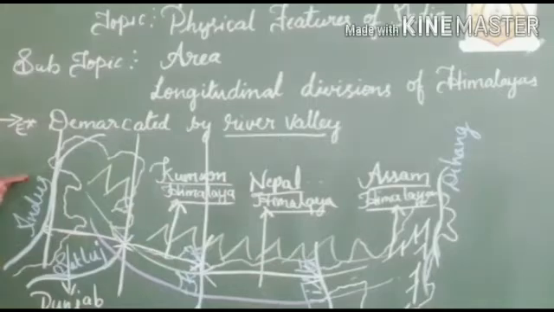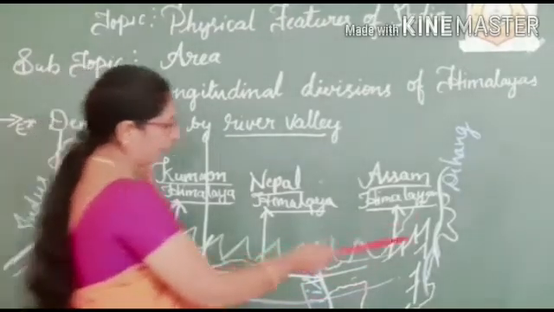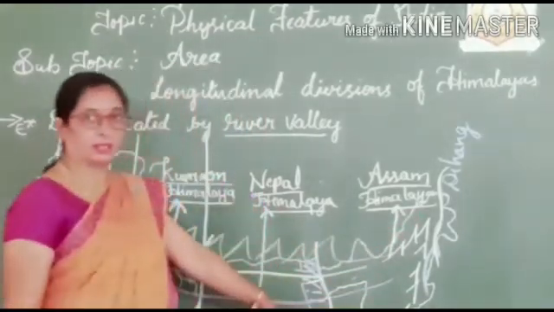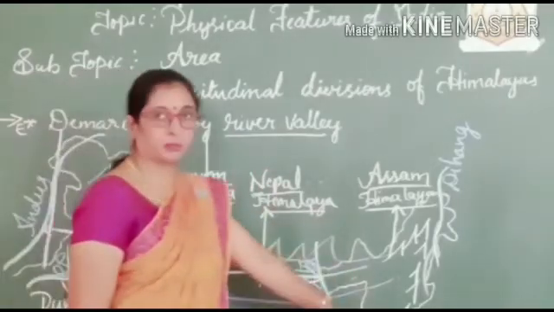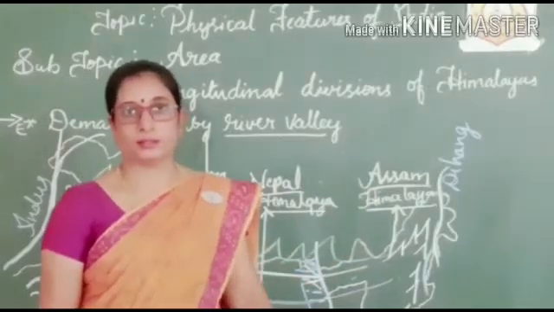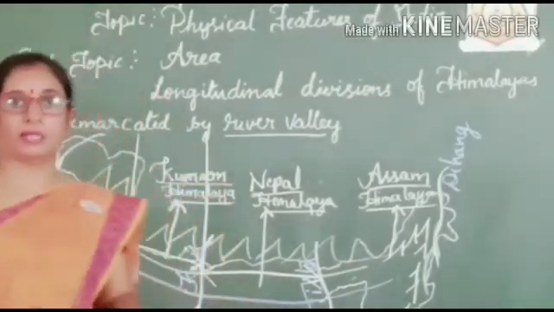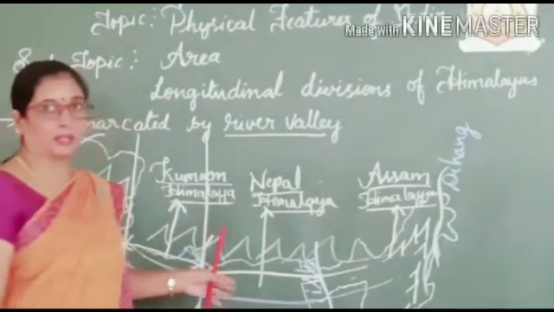The river Sutlej drains to the Arabian Sea, flowing towards the west and merging into the sea, so it is called the Western Himalayas. And the Tista and Brahmaputra rivers merge into the Bay of Bengal, so it is called the Eastern Himalayas.